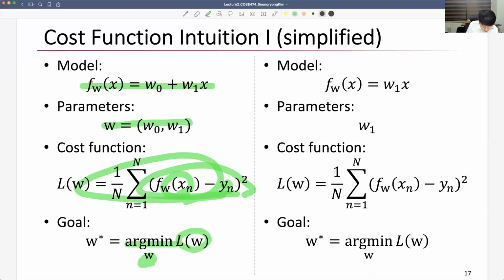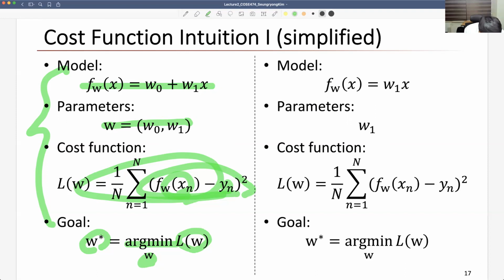So finally, we can say that this W star is the optimal parameter that approximates our training data well, right? This is the general process of the linear regression problem. To understand this deeply, let's start with a simplified one.